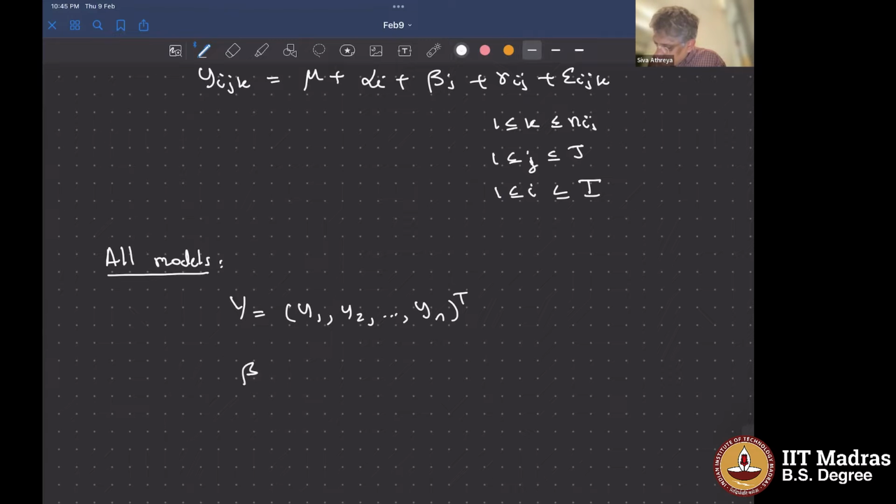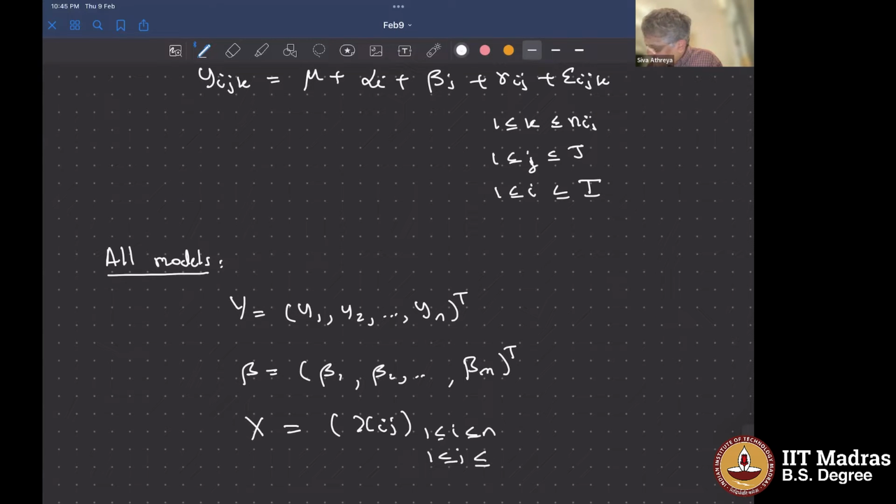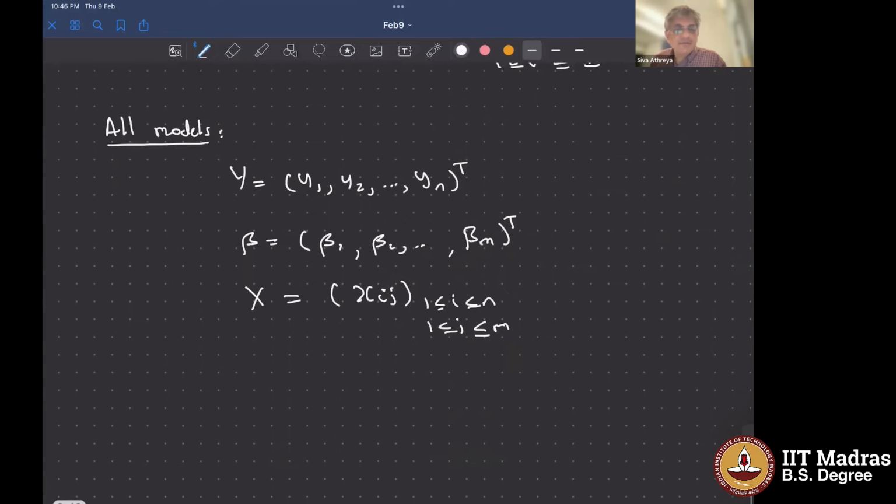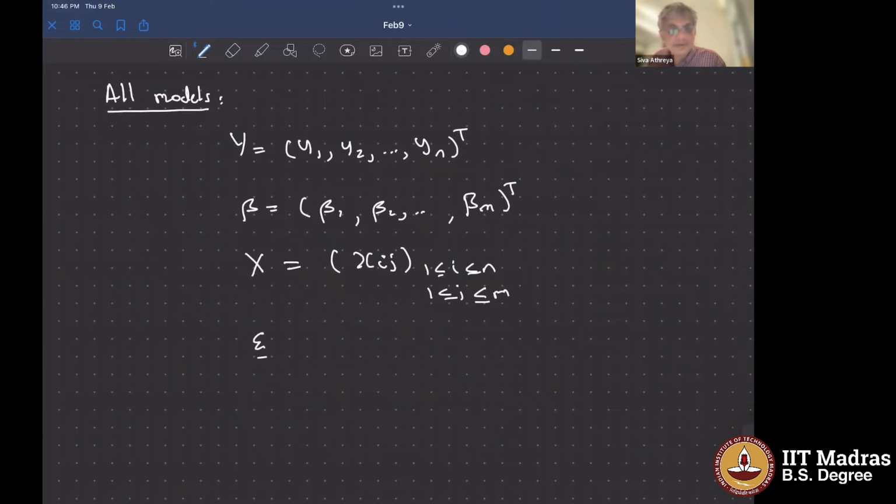I'll have beta as beta_1, beta_2, up to beta_m transpose, and I'll have X as some x_ij, where 1 less than or equal to i less than or equal to n, and 1 less than or equal to j less than or equal to m. And epsilon tilde will be epsilon_1, epsilon_2, all the way to epsilon_n transpose.